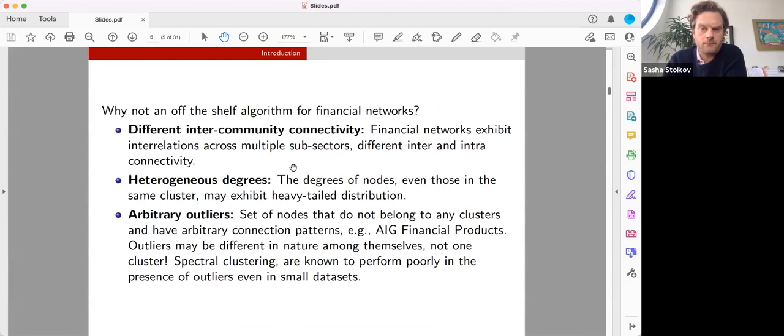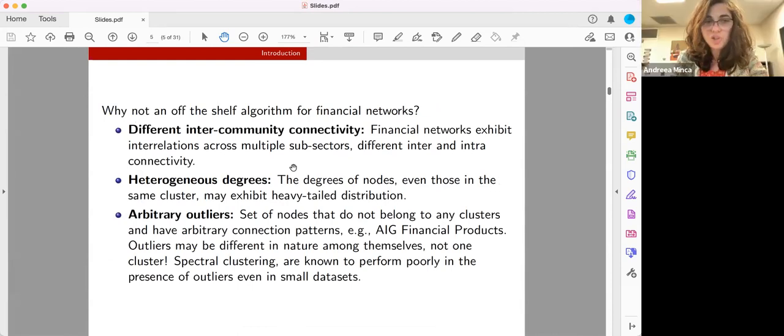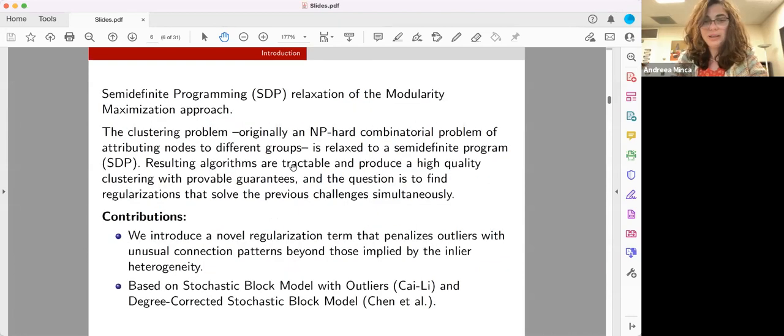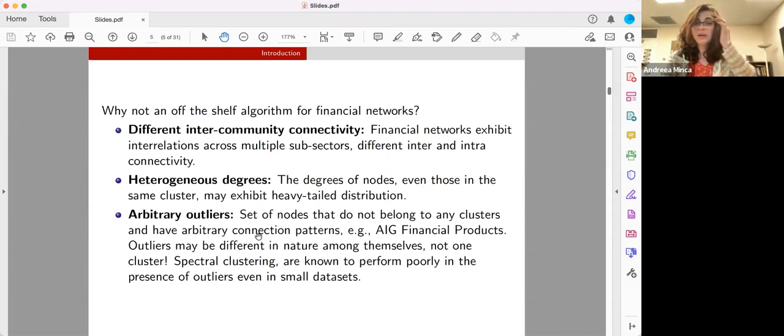I'm going to keep it like this because my screen sharing is not really working as intended. Now you can see this move, right? Okay, so I was talking about these different challenges that you have when you cluster this type of networks. I was talking about outliers. These nodes don't belong to any clusters and they have arbitrary connection patterns. So for all practical purposes, they're going to behave as an adversary.